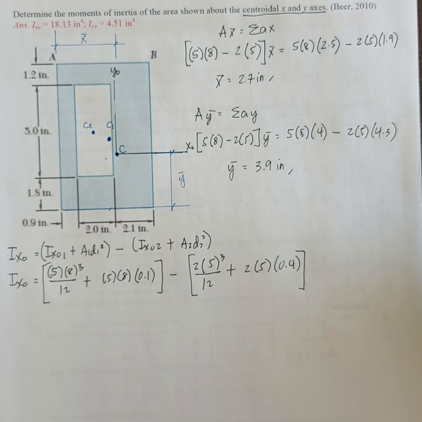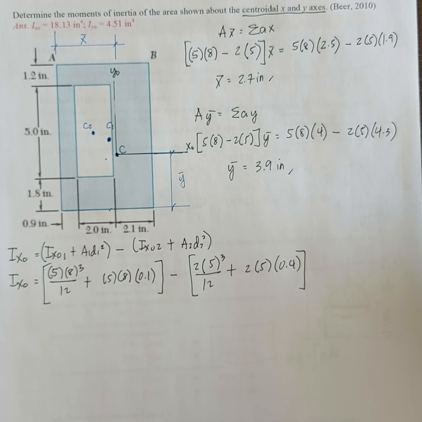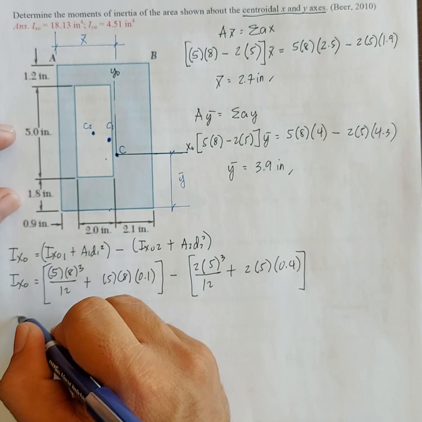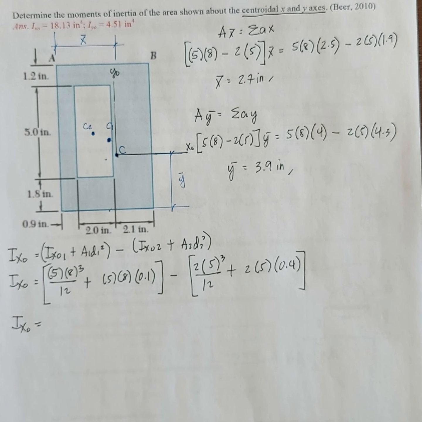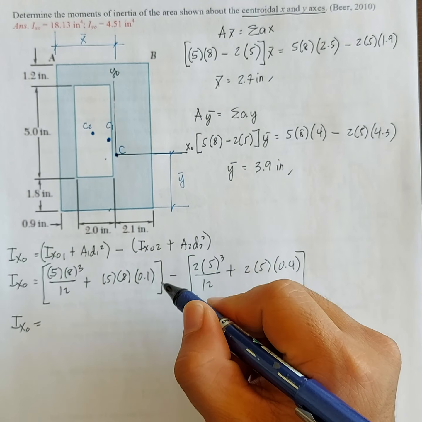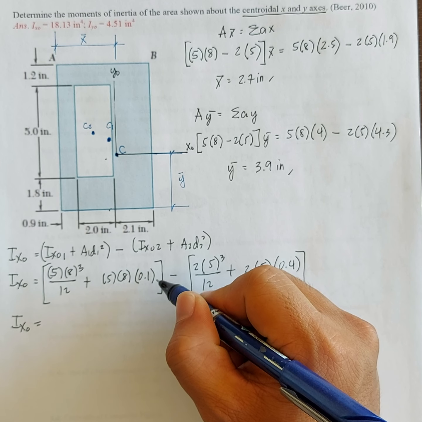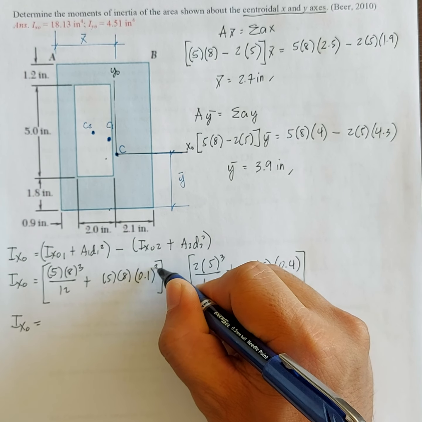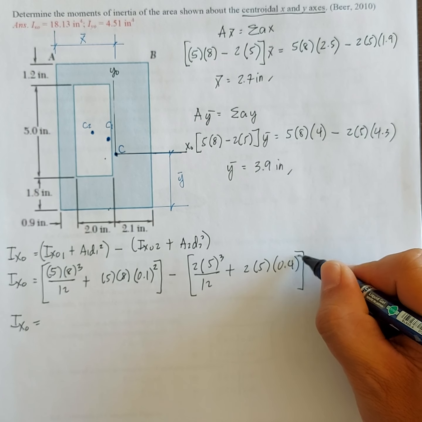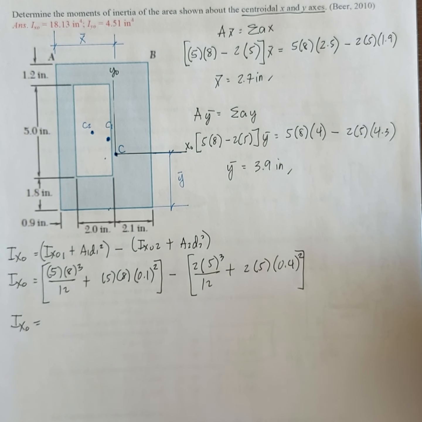And, so, yan na yung IXO natin. I hope na malinaw yung discussion dyan. So, IXO is equal to, I'm sorry, dapat pala squared ito na. Nakalimutan ko. Yung madalas yung makalimutan noon kahit ng estudyante ako. Okay. Squared ito yung D natin. Squared. Yan. Kaya minsan nagkakamali.